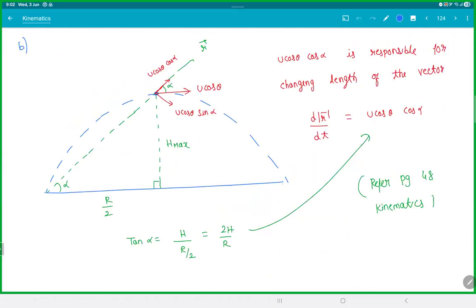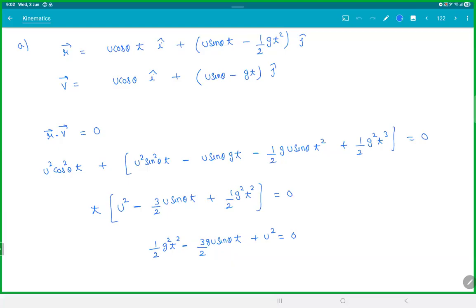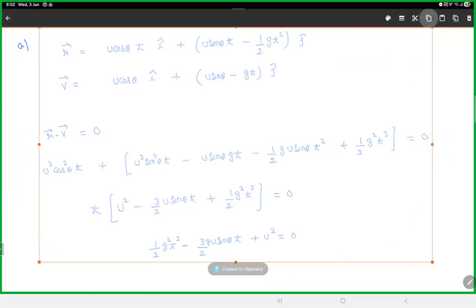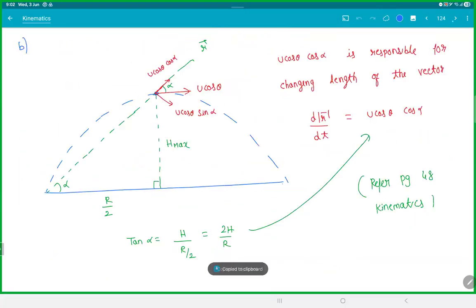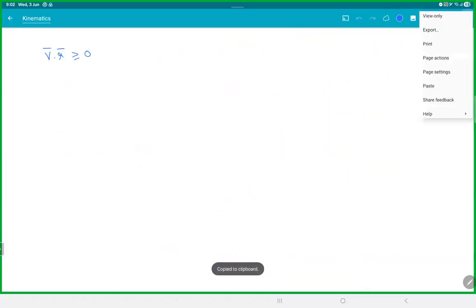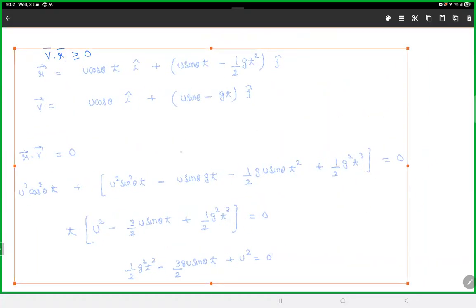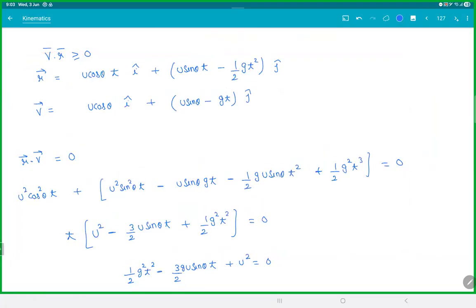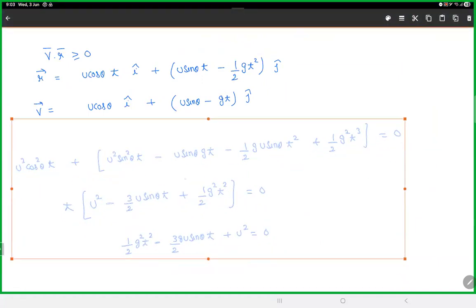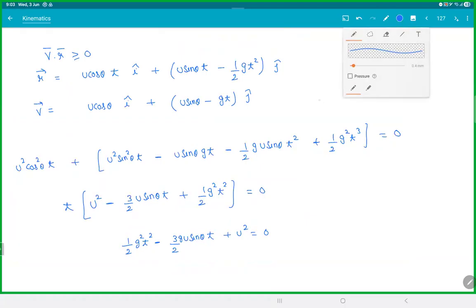Now that is where we did all this story again. So this will come. We actually proved that whole thing there. So this is not equal to 0. This is greater than 0.